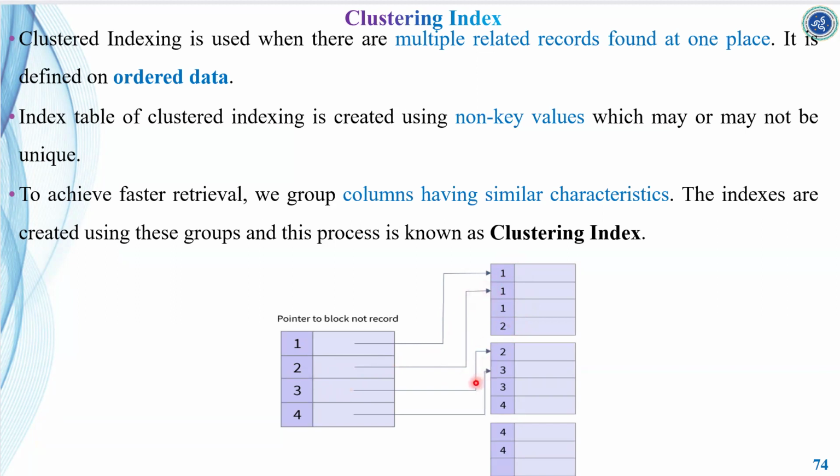Again, 2 and 3 are in block 2, and 3 as well as 4 are in block 2. Therefore, the pointers for 3 and 4 will be pointing to that block. For 2, it will be pointing to block 1. So this is how we do the clustering index. The major characteristic of the clustering index is that we can do the indexing on non-key values.